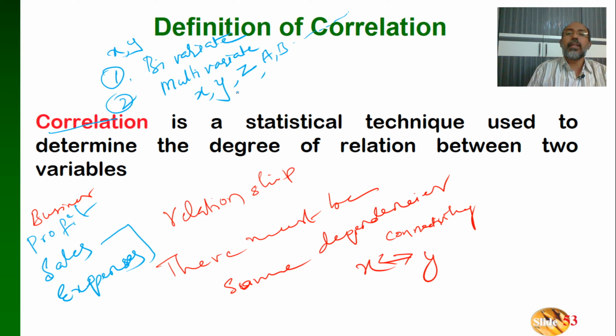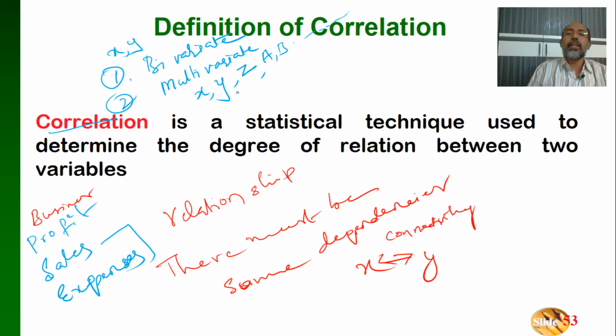Hence we will take any two variables. Either sales is one variable and expenditure is another variable, or sales is one variable and profit is the second variable. In this way you can take the data related to correlation. If sales increase, profit increases.